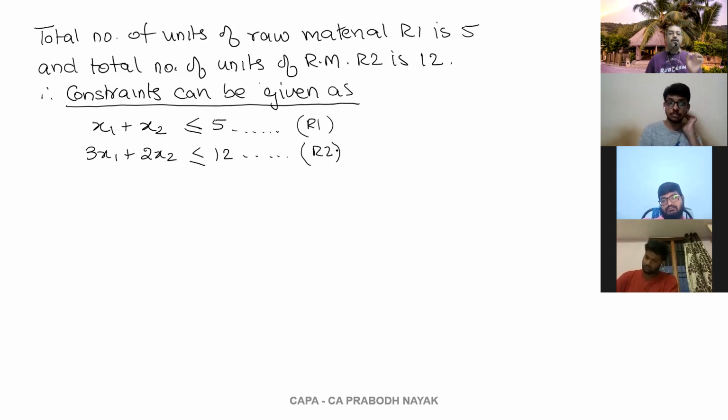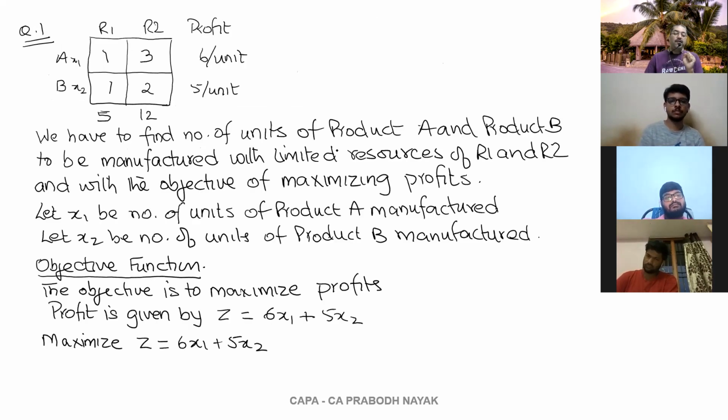Now, common for every problem is that you have defined your x1 and x2 as number of units of product A and B. Number of units can never be negative. So number of units will be either equal to 0 or more than 0, positive. It can never be negative.